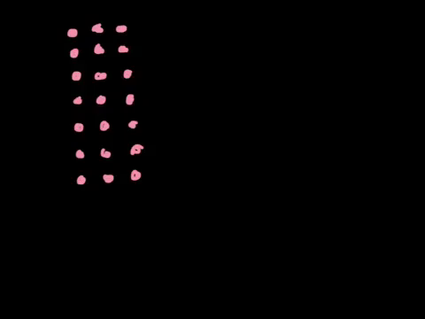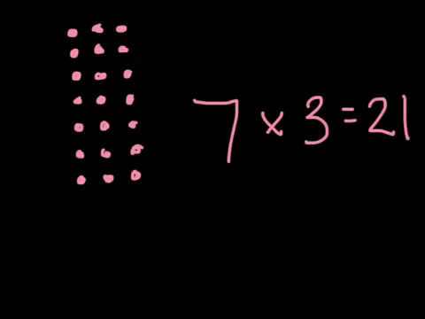All right, you should have noticed that I had 7 rows of 3, and that would equal 21.